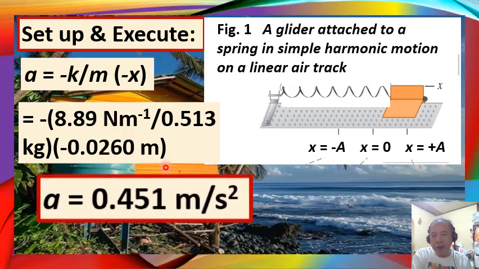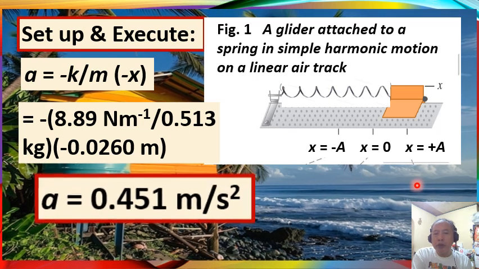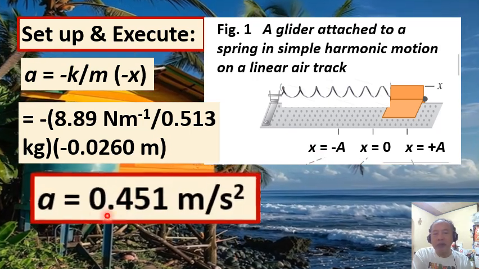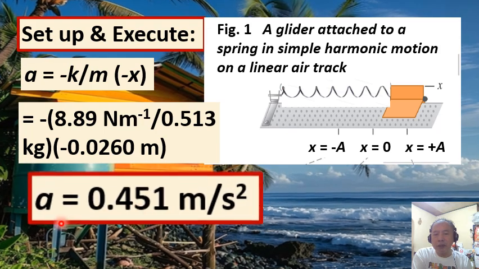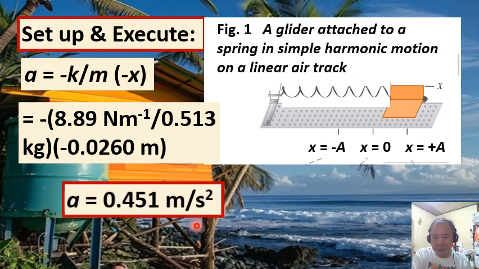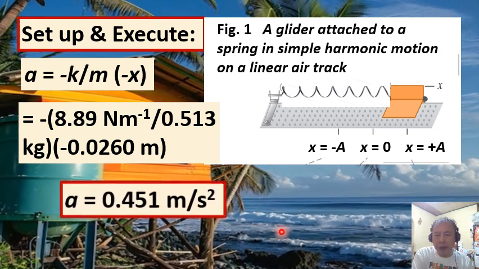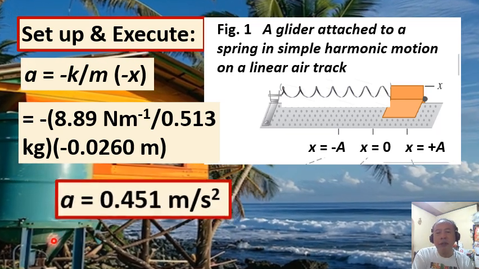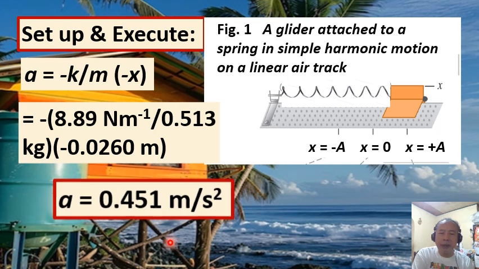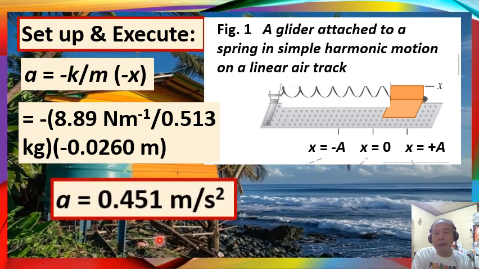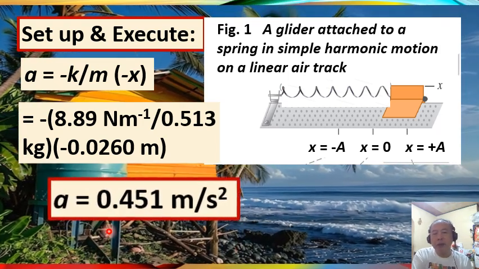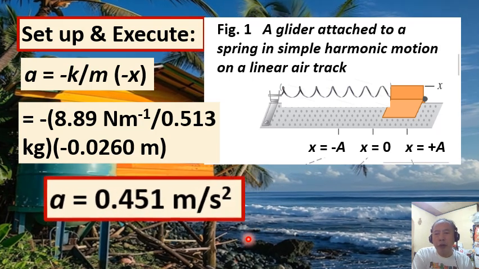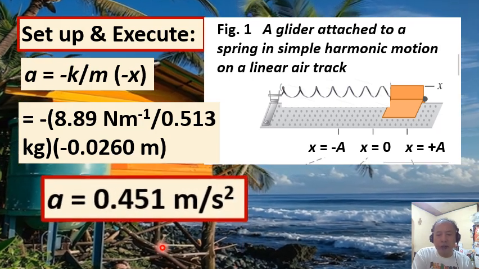And what we did here, we used the negative value for the displacement x. So, as a result, the corresponding acceleration is positive. But at any rate, since the question is only requiring us to find the magnitude of the acceleration, we consider this as our final answer to question letter C.